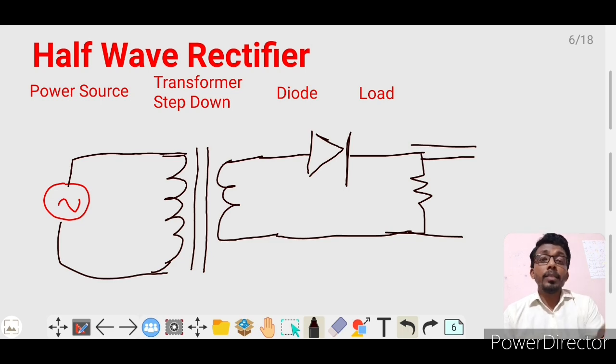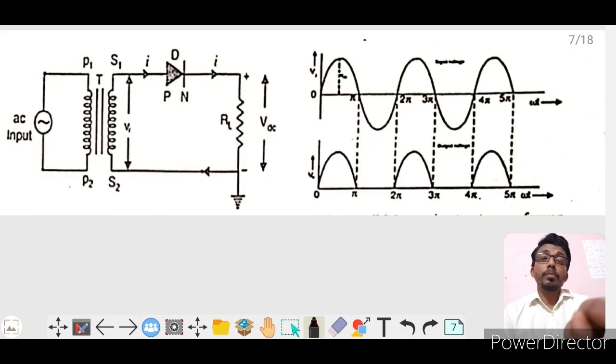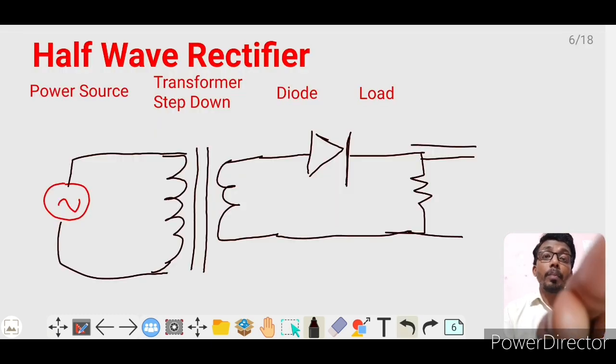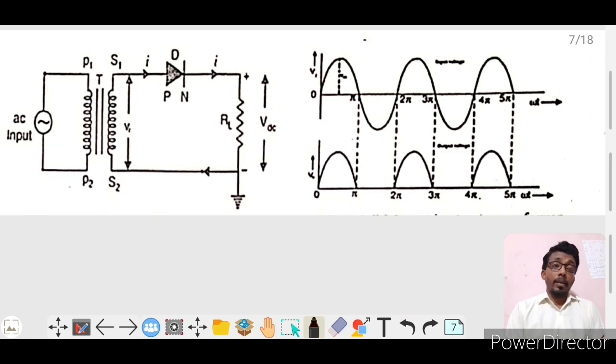Now, this is the circuit diagram, and we are applying an AC input signal over here. An AC input signal consists of a complete cycle.